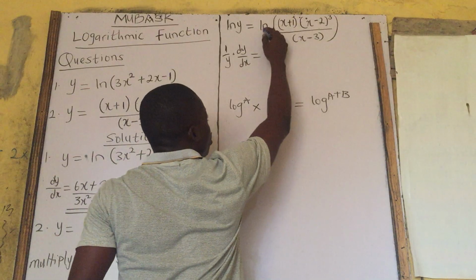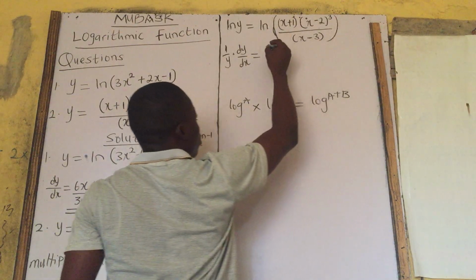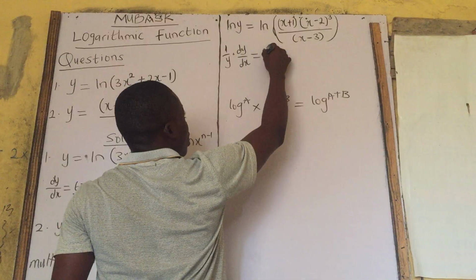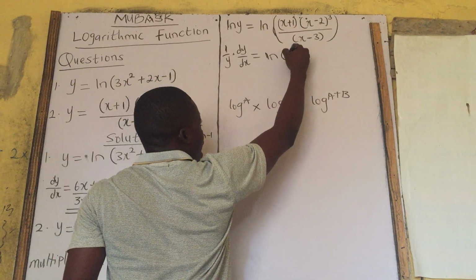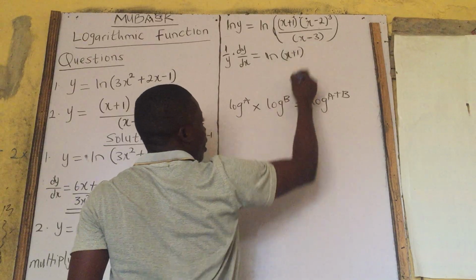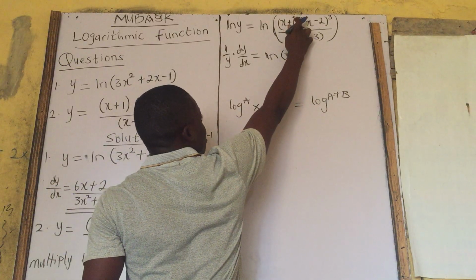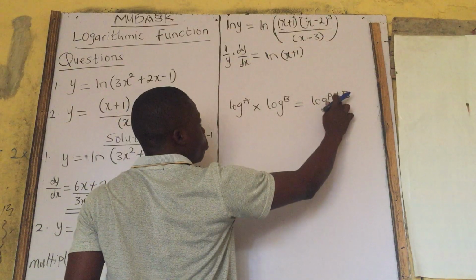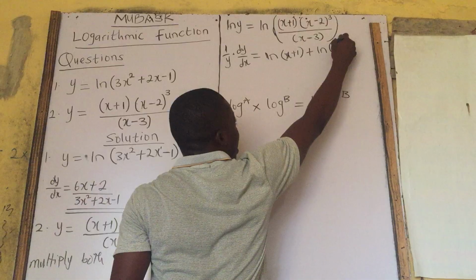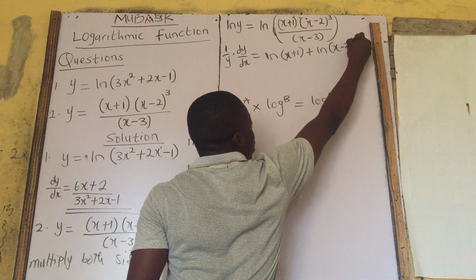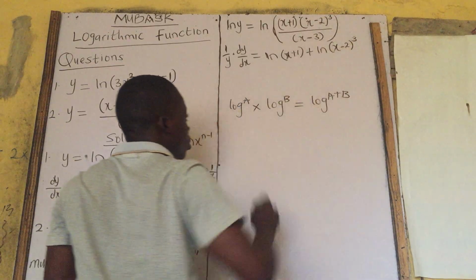Now, by using the natural logarithm on the numerator, it gives us natural logarithm open bracket x plus 1 close bracket. I have told you the product changes to plus, natural logarithm open bracket x minus 2 all in bracket 3.